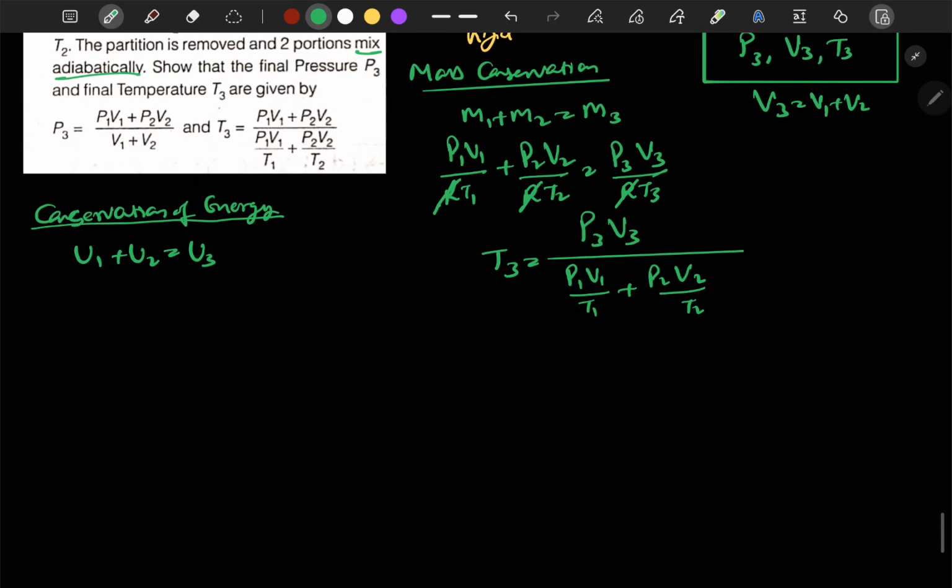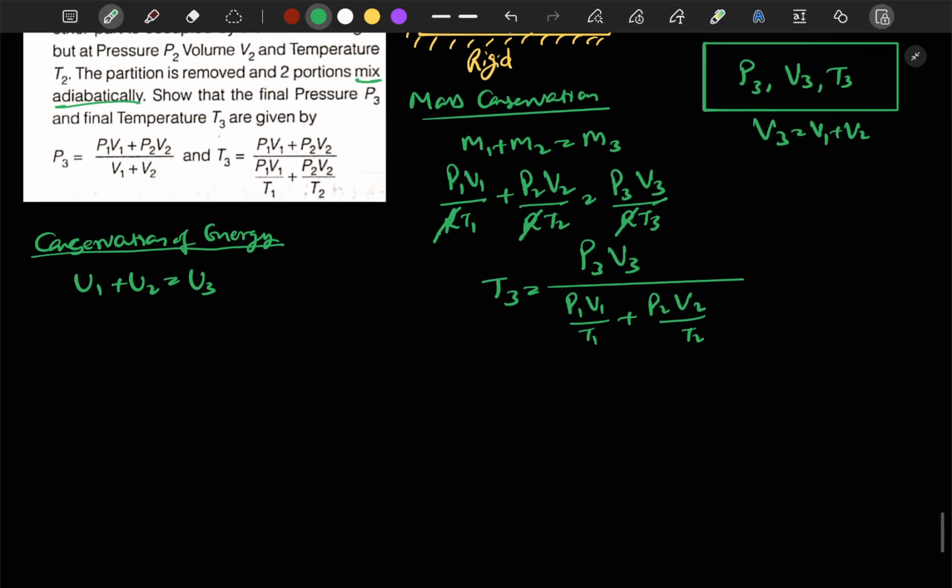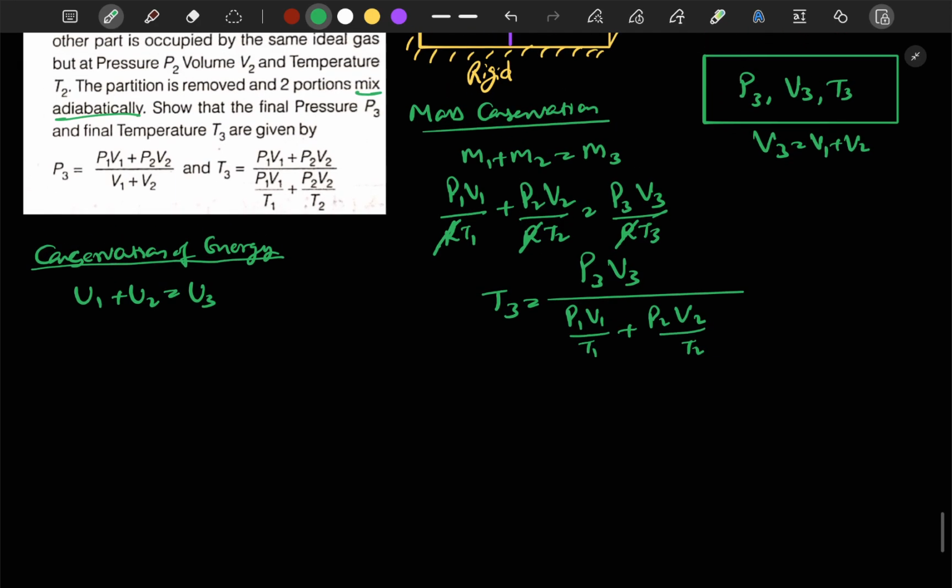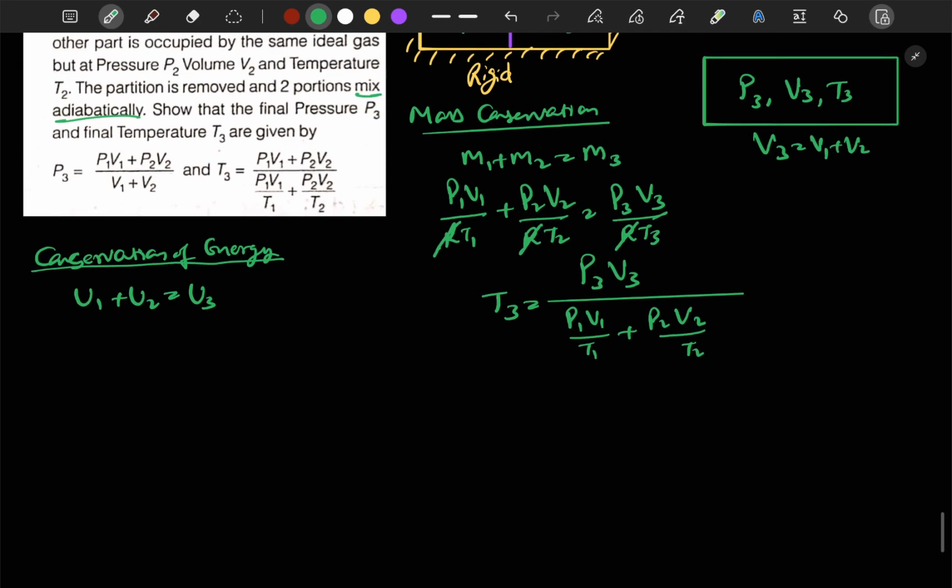We can write it as m Cv T, and cancel Cv from all the terms. We can write m1T1 plus m2T2 is equal to m3T3.